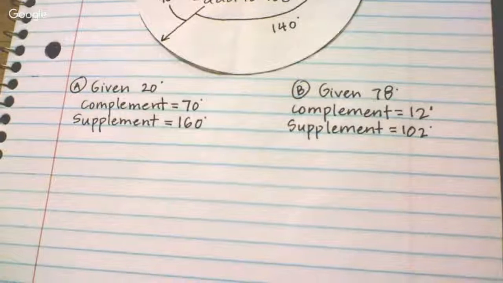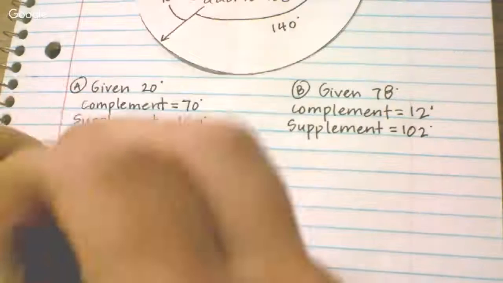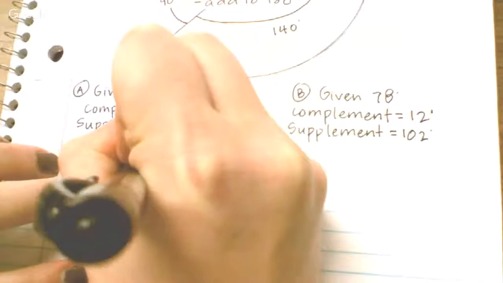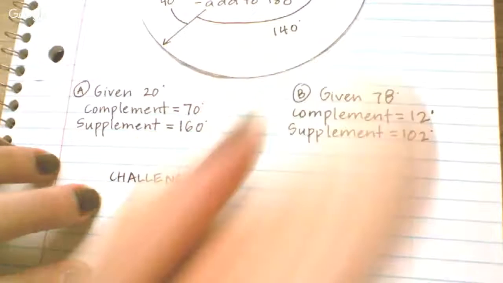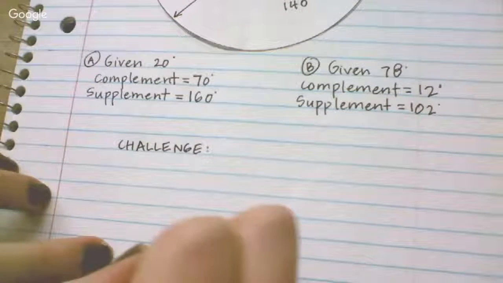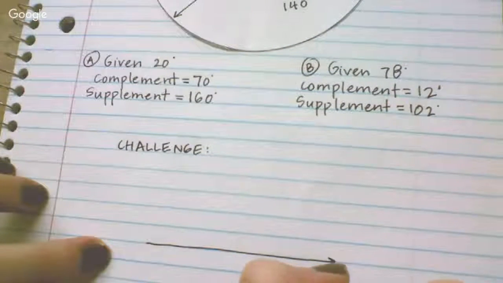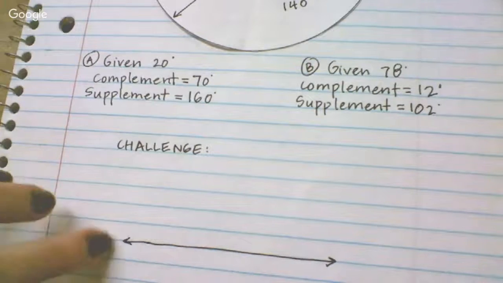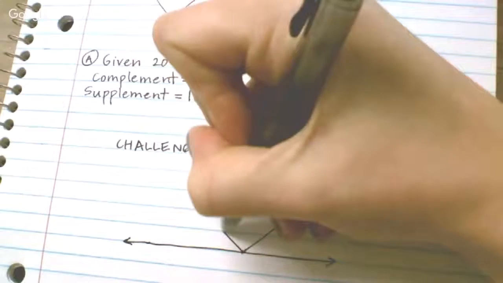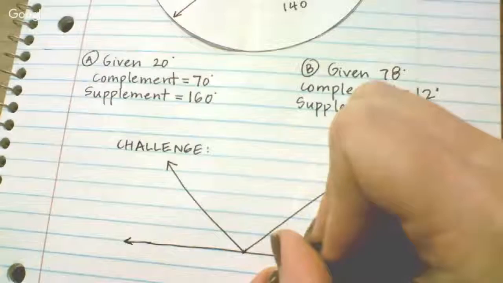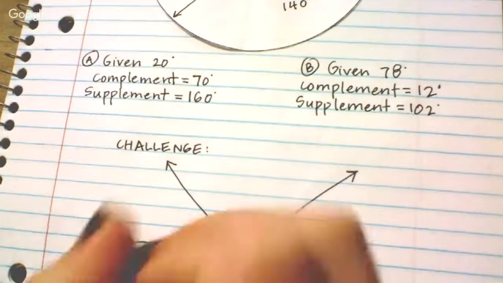Now what you can do from here is add in a challenge. Let's say I give you the angle and I'm going to tell you that this is equal to x.